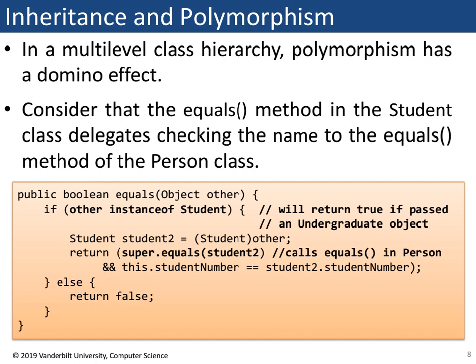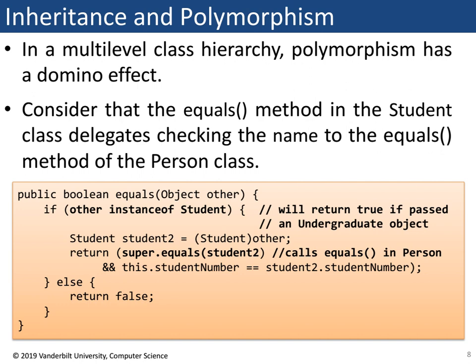So the undergraduate object got passed in to the student equals method, and we checked to see if this object of type undergraduate was an instance of type student, and it said yes. And then we passed it into the person equals method, and we checked to see if this undergraduate object was an instance of type person, and it said yes.